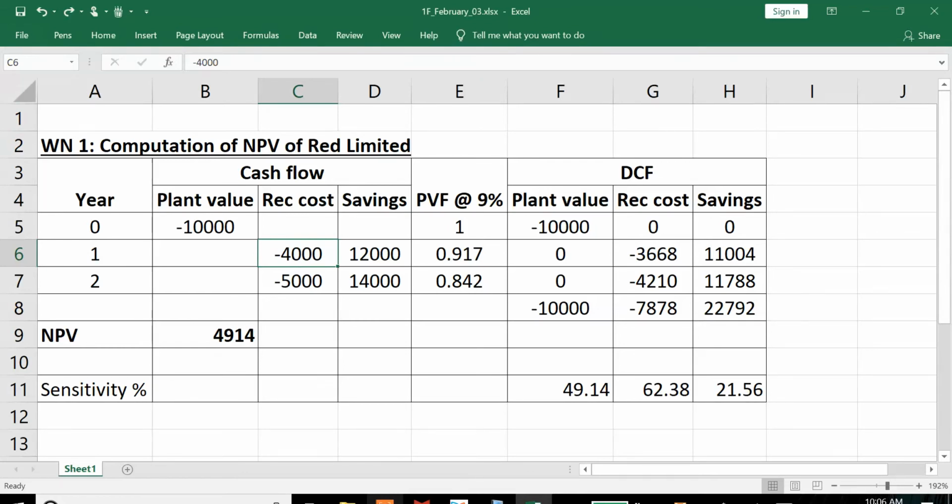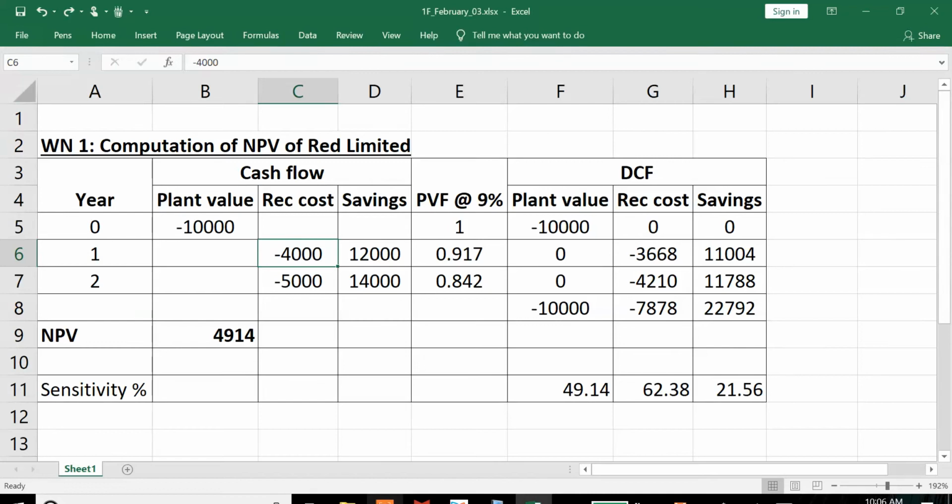The project will generate 0 NPV if present value of savings is reduced by rupees 4914.